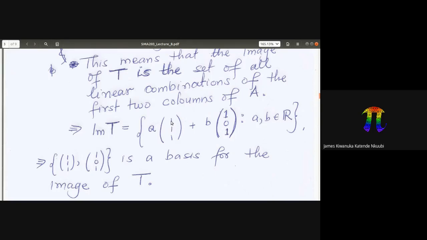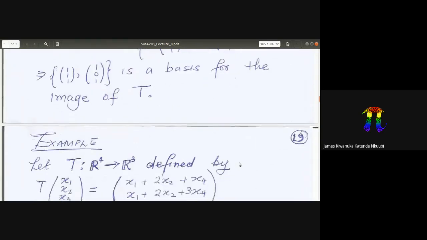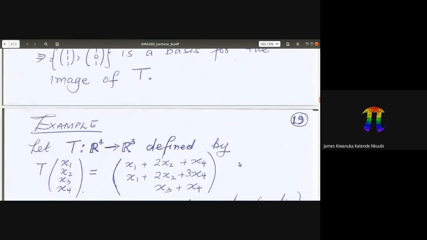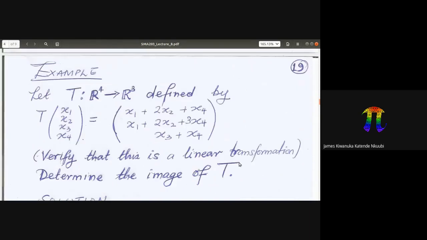Now it turns out that these two vectors, 1, 1, 1 and 1, 0, 1 are linearly independent, and they span the image, and therefore they form a basis for the image. What we have not proved is that the image of a linear transformation is also a subspace. I think maybe it comes later.